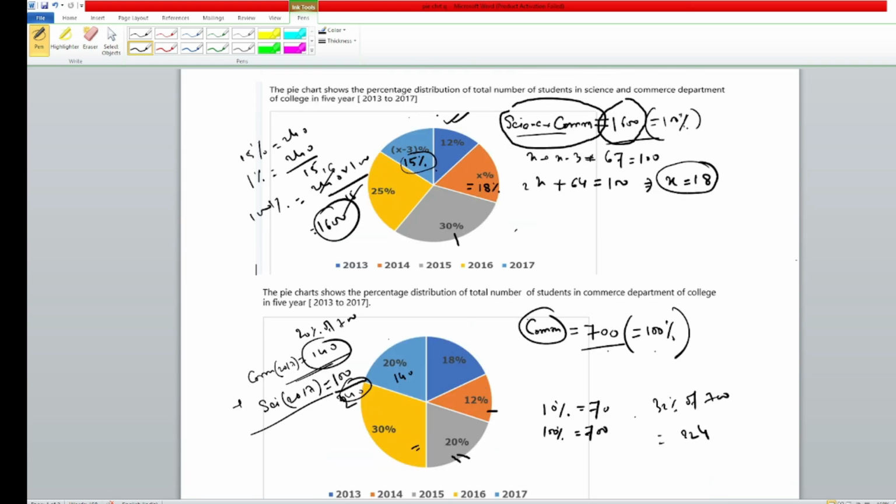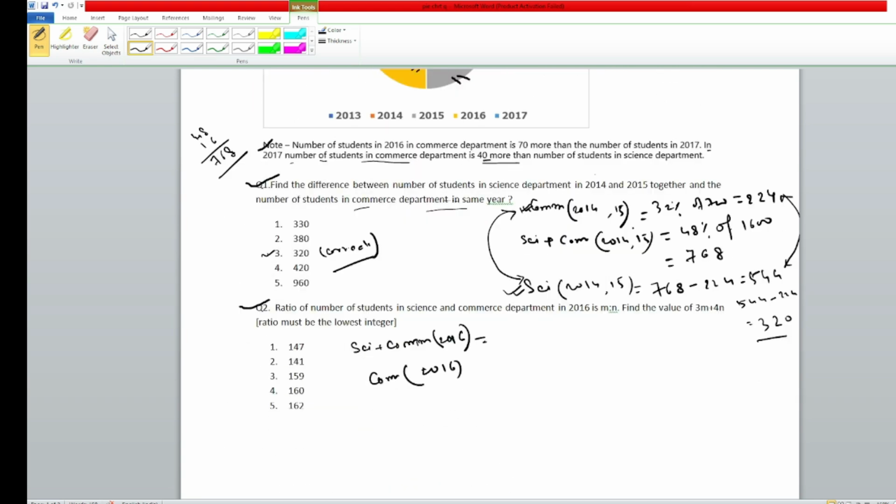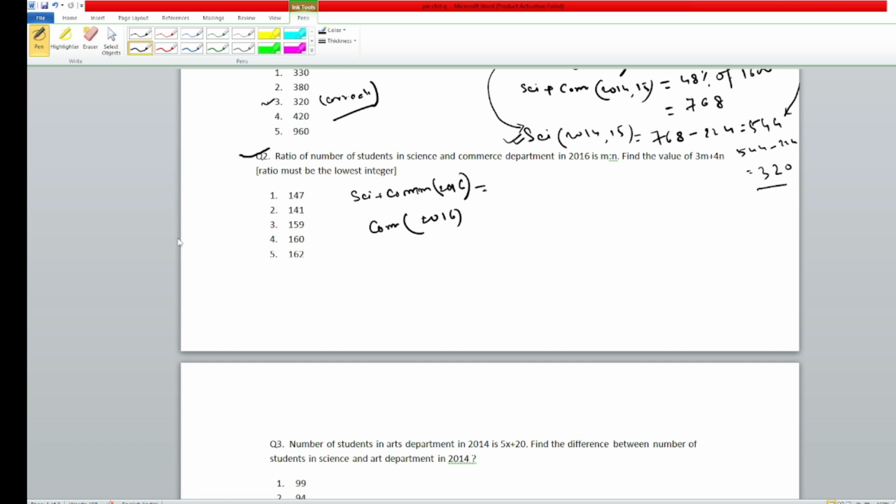Science plus commerce 2016: this is the first pie chart, which gives the percentage distribution of science and commerce, and 2016 means the yellow one, 25% of 1600. So 25% of 1600 is 400.